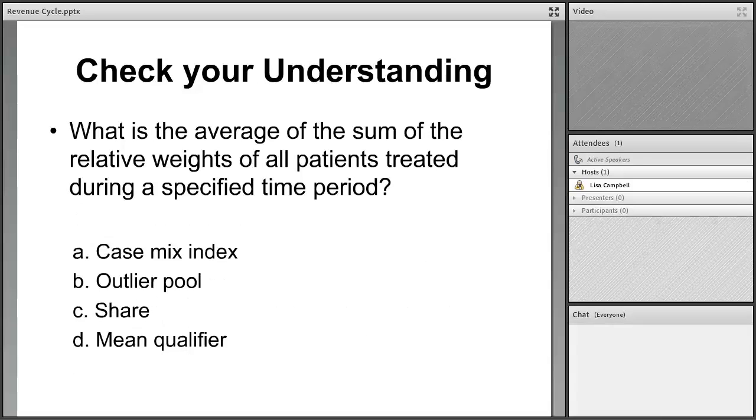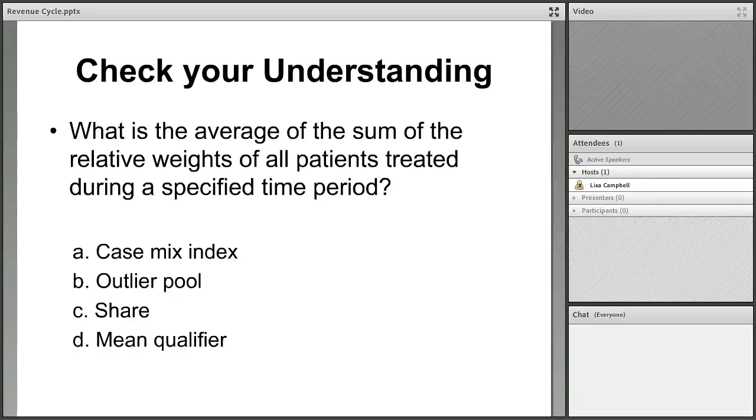Next up, what is the average of the sum of relative weights of all patients treated during a specified time period? You should remember this from your statistics class. And the answer, let's look at our choices first. So A, case mix index, B, outlier pool, C, share, or D, mean qualifier.